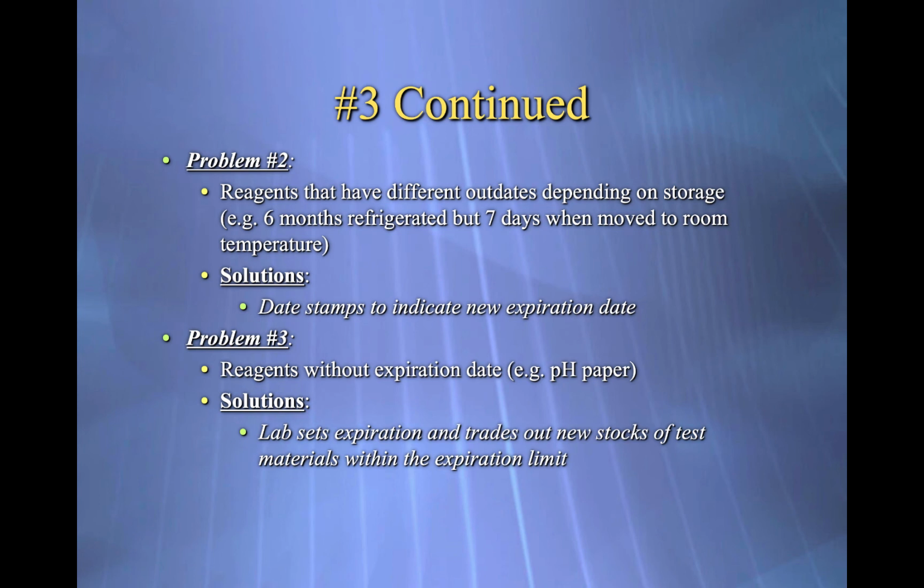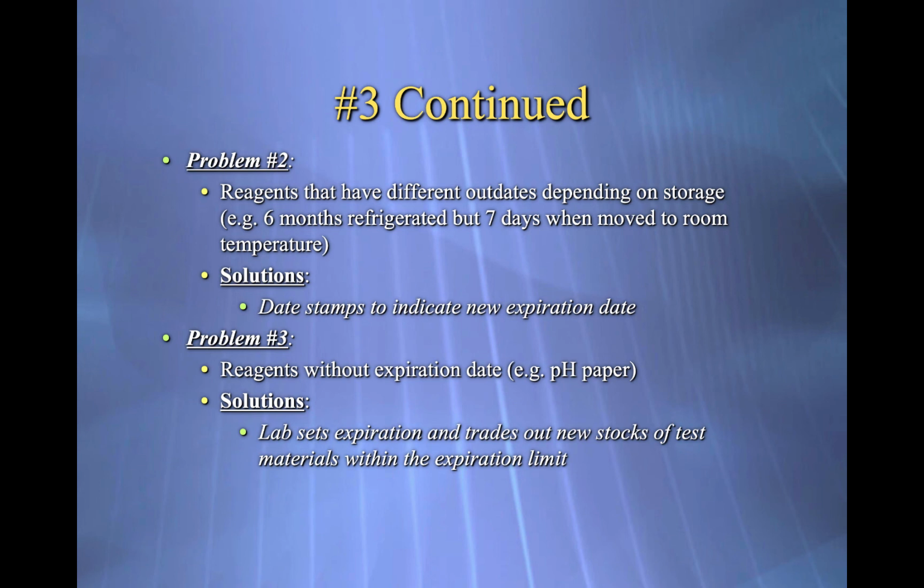Then there are reagents that have different out dates depending on storage. So it's 6 months in the refrigerator, but once you take it out to room temperature, it's only 7 days. So you need to be able to redo the expiration date on those, and date stamps to indicate a new expiration date may be a solution to that. I mentioned this one already, reagents without an expiration date, like pH paper.